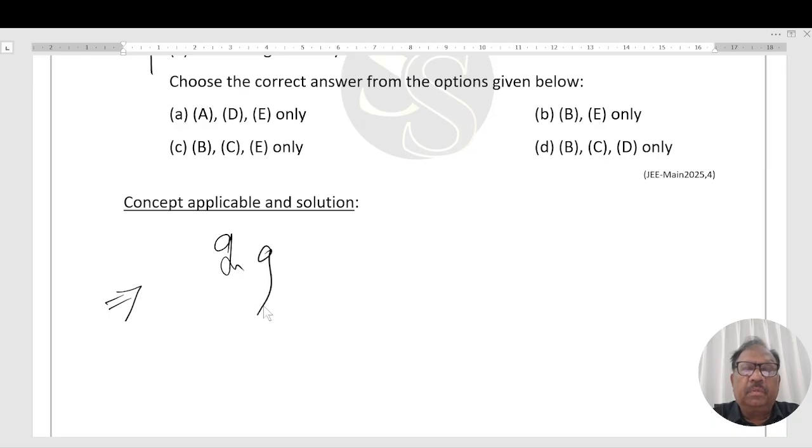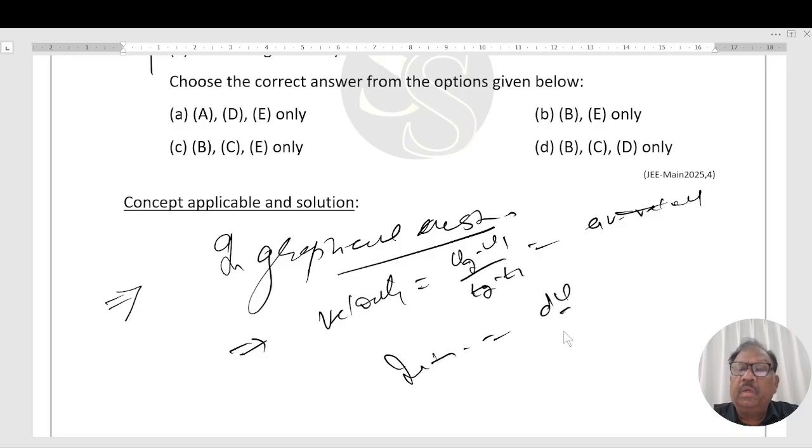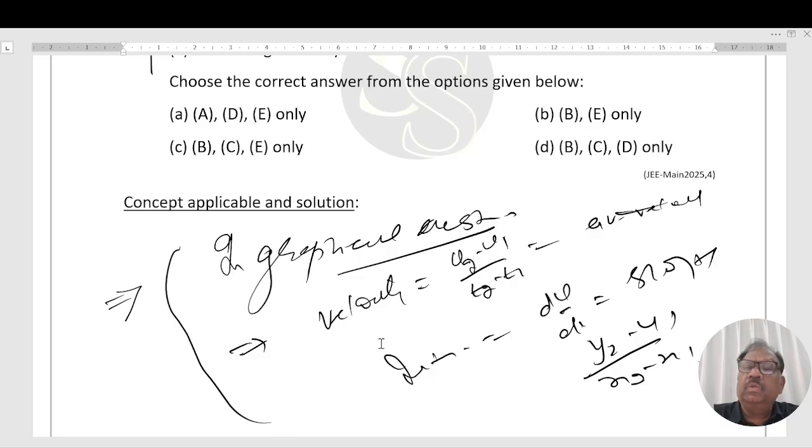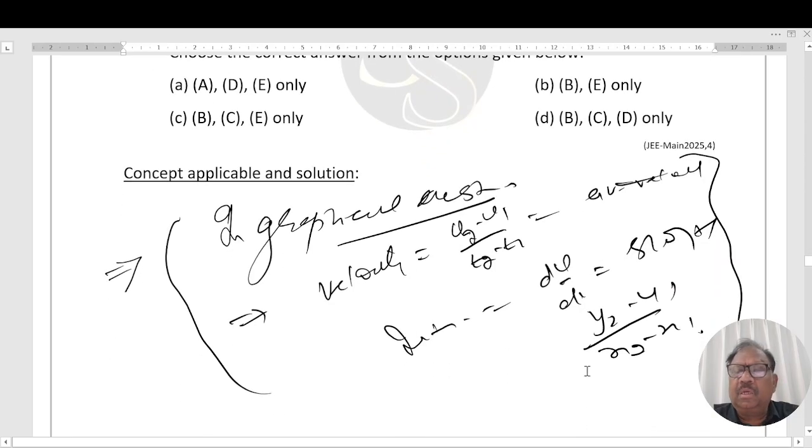In graphical questions, if we have to find velocity, average velocity is y2 minus y1 over x2 minus x1. Instantaneous velocity is the slope. Using this concept, we will find the correct answer.